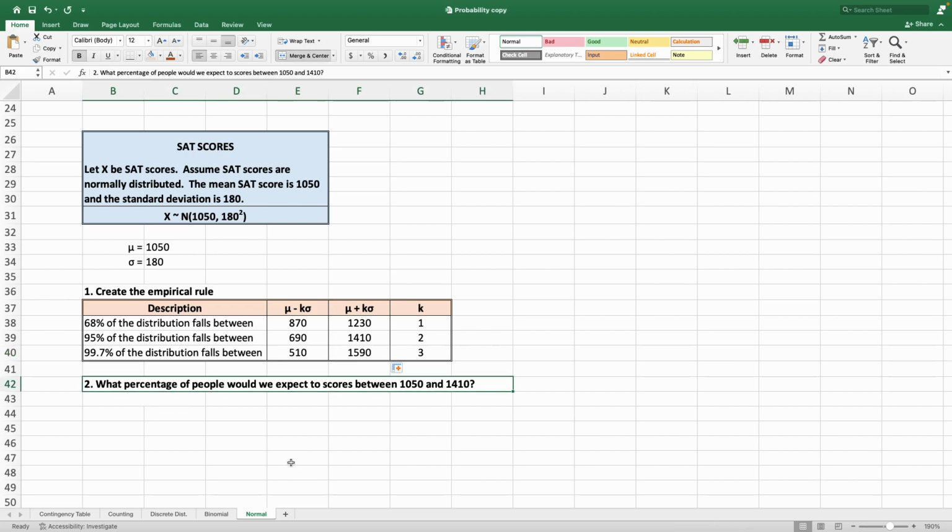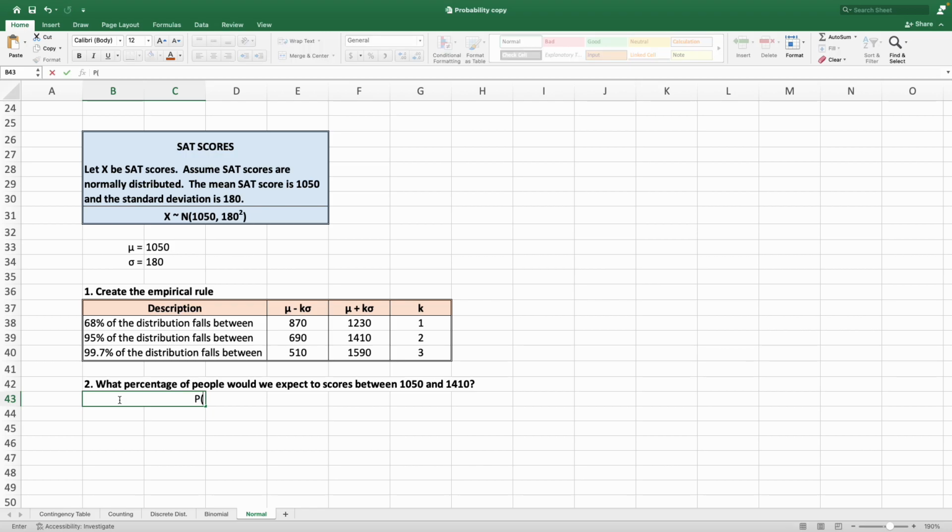Okay, so what percentage of people would we expect to score between 1050 and 1410? Well, let's convert this into math language. Let's say the probability that x is between 1050 and 1410. So let's do equals norm.dist.